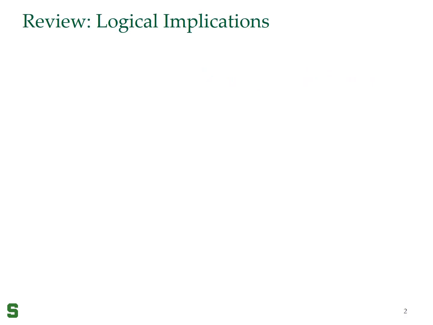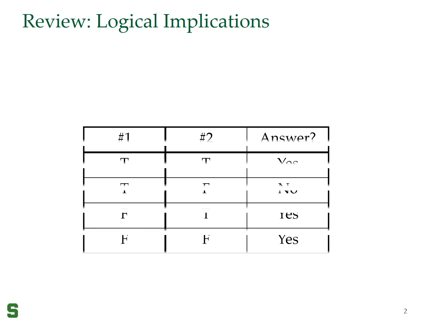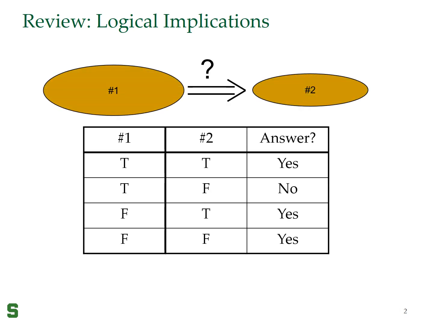To figure out where we would want to write proofs, first look at the notion of logical implication. The question is, when does premise 1 imply conclusion 2? So you have some well-formed formula 1 and you want to know whether it logically implies formula number 2.